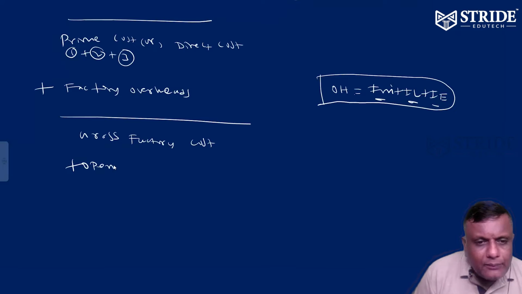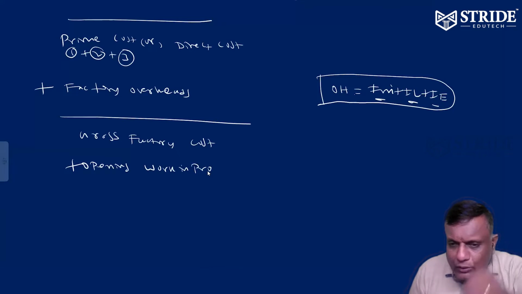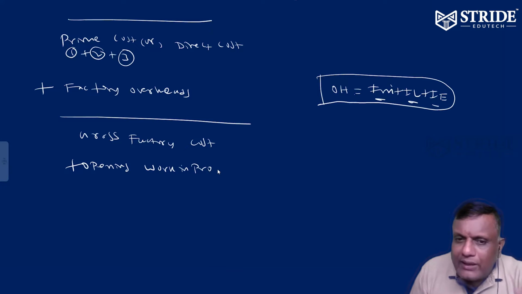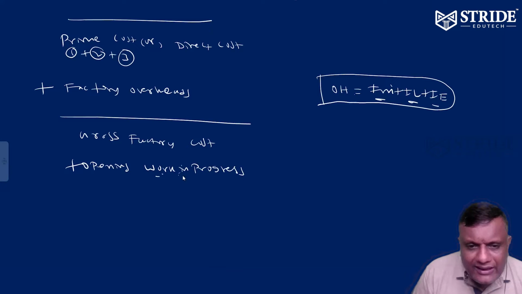Opening WIP. Sir, what is WIP? Work in progress. Once the material is brought in and procured, the materials come to production and production work is going on, that work is called work in progress. Add opening WIP, less closing WIP.